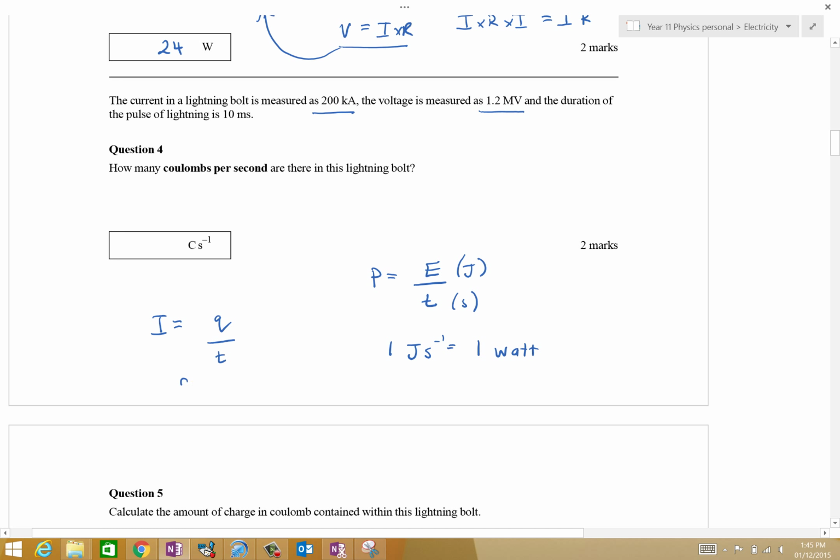So therefore Q is equal to I times T. Now of course T is 1 second, and that's 200 kiloamps. So isn't that going to be 200 by 10 to the 3 times 1, which is 200,000 coulombs. That's a lot, absolutely.